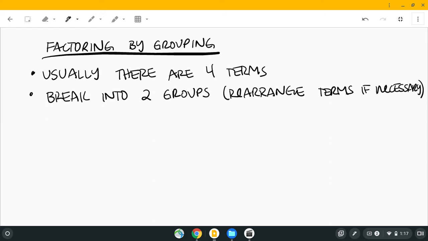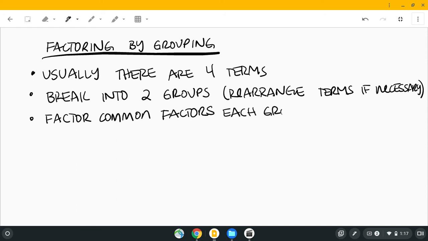Okay. And then what you do is you factor common factors from each group, one at a time. And then you're going to factor the common factor from the entire expression.